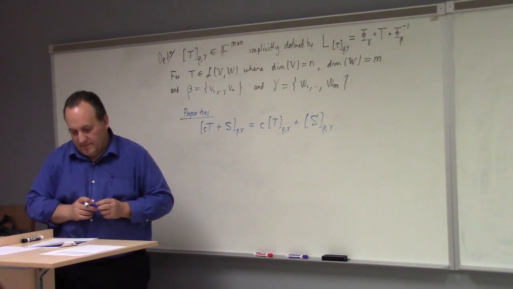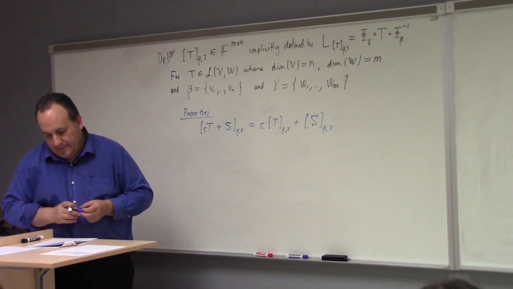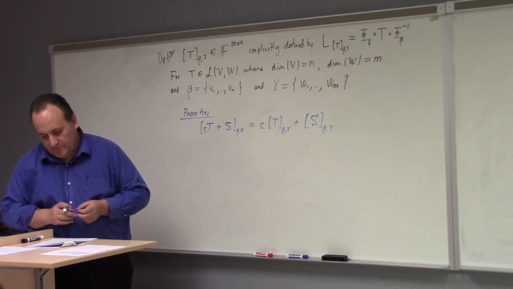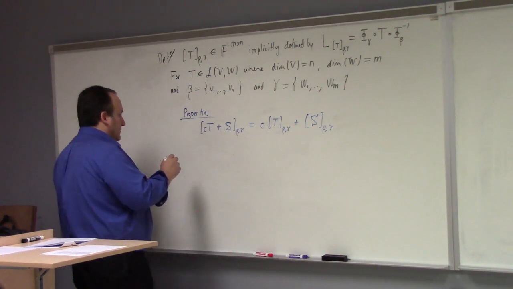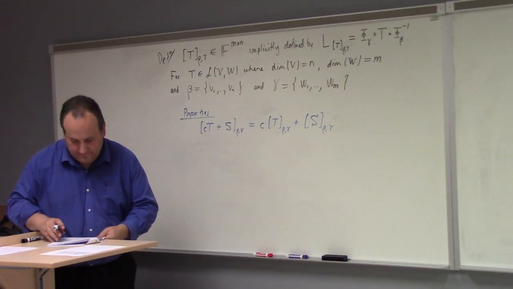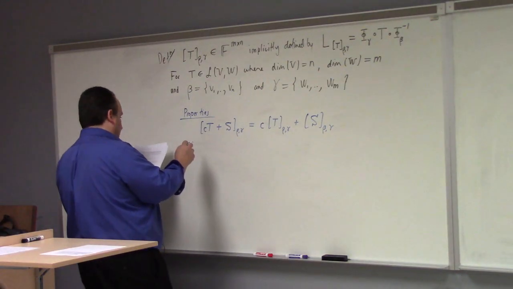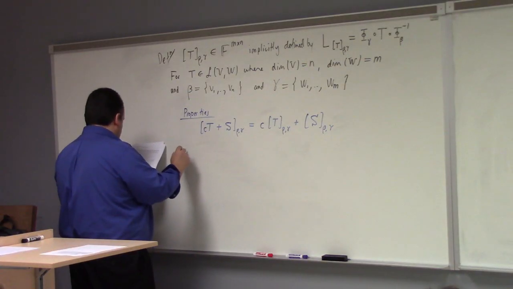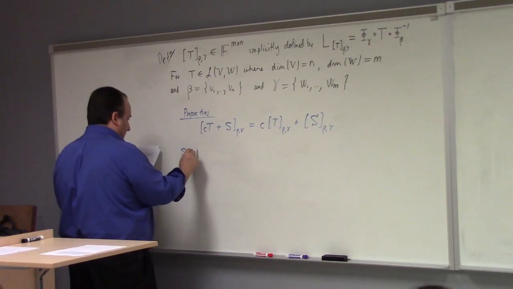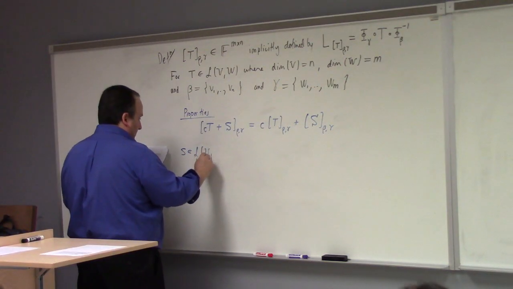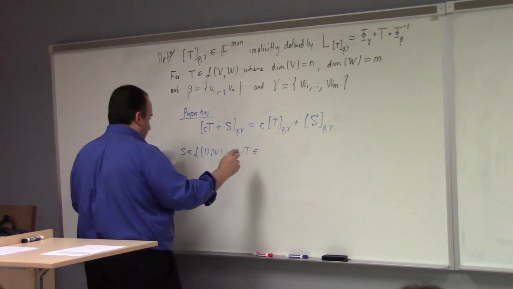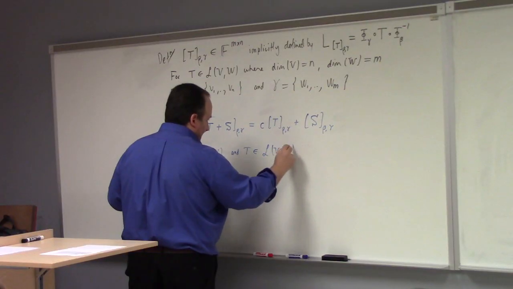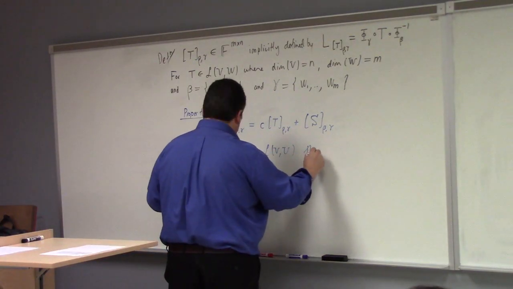All right, this is part of my proposition 3.3.10. And that just rests on the fact that the same is true basically for matrix multiplication. The one that's perhaps a little bit more interesting is proposition 3.3.11, which concerns, let me try to set it up here. Suppose we have S in the linear transformations from U to W, and T, a linear transformation from V to U, then you guys know the deal.